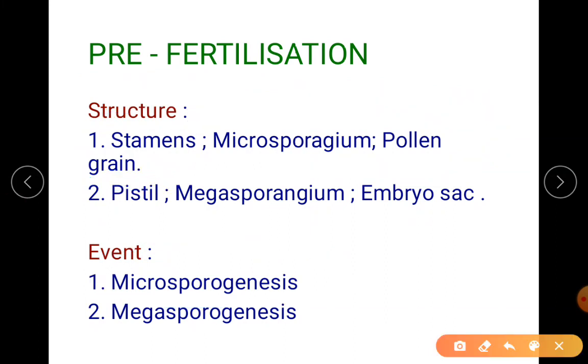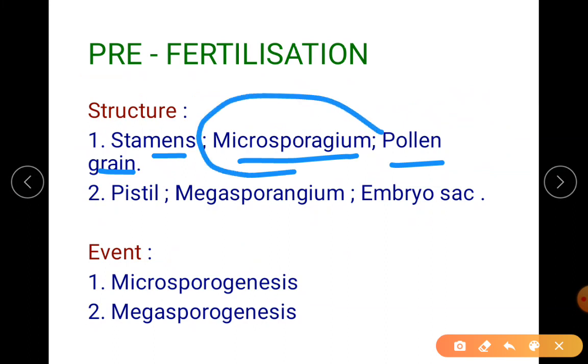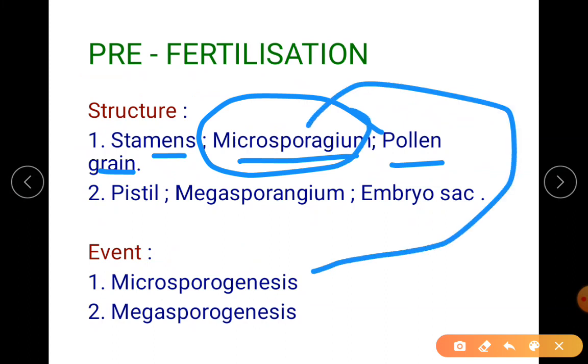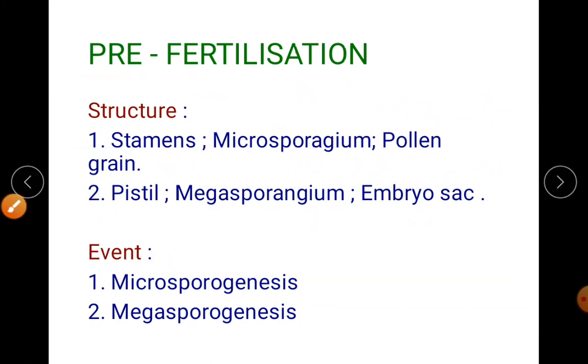I repeat, under the male reproductive part, we are going to study the stamens, the microsporangium structure and the structure of pollen grain. This is only the structure part, and especially in the sporangium, the event is microsporogenesis. You should remember this. So this is for the male reproductive part.